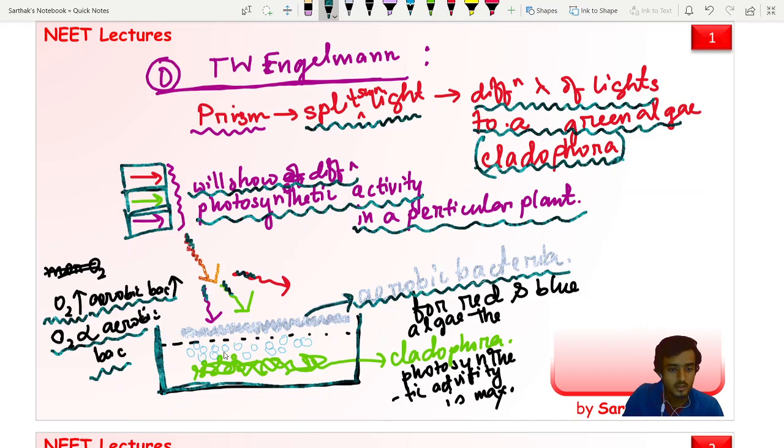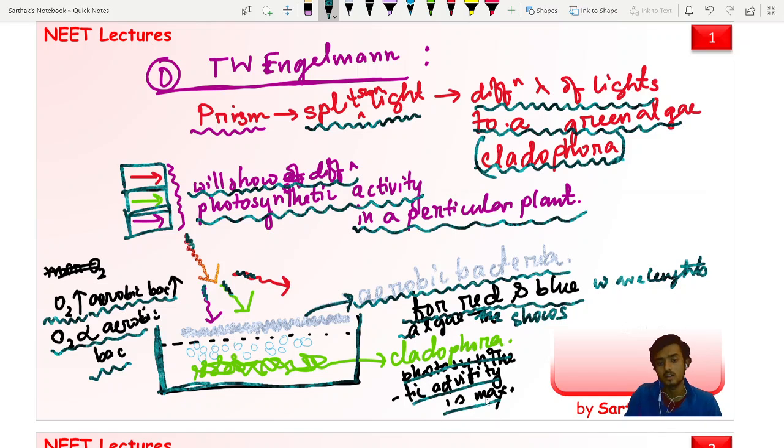So what he observed is that for red and blue wavelengths, the algae shows maximum photosynthetic activity.